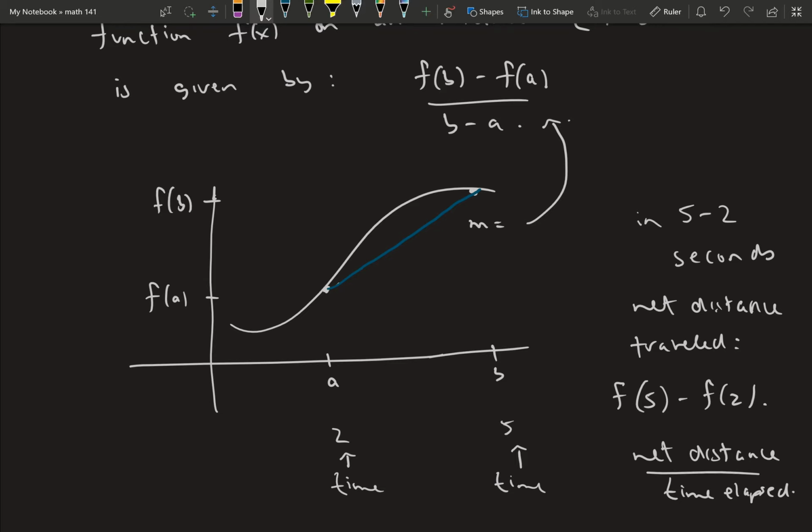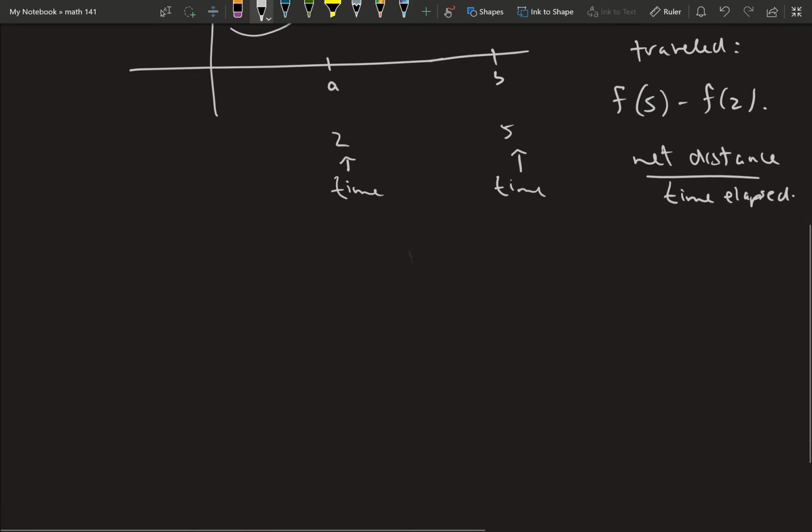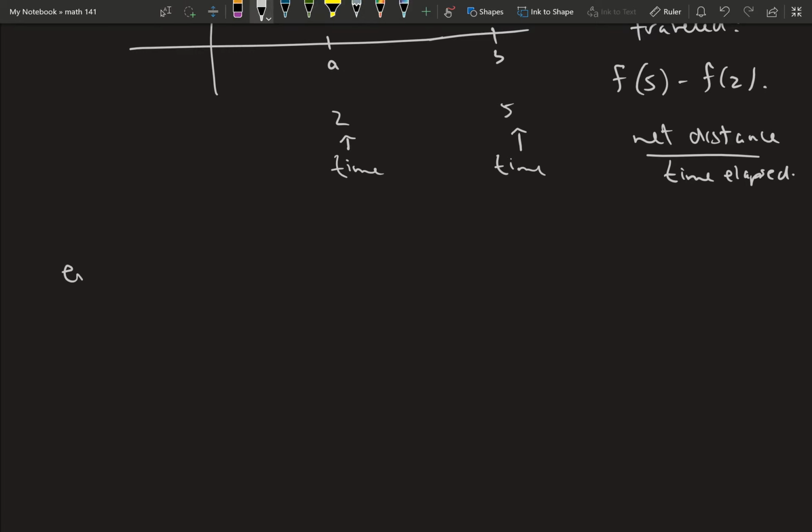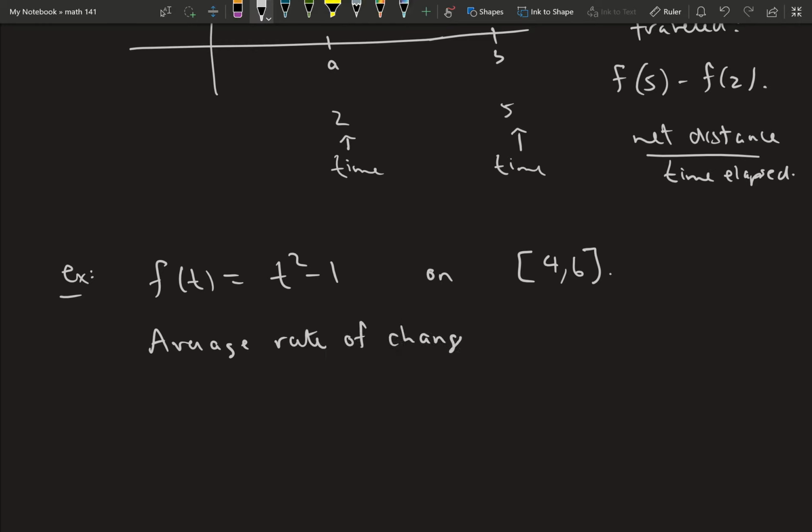So let's actually compute this for a given function. Let's do an example here. Let's say we have f of t being t squared minus 1, and we're looking on the time interval, say 4 to 6, and we want to find the average rate of change on this interval. And again, you can think of this as some distance traveled.